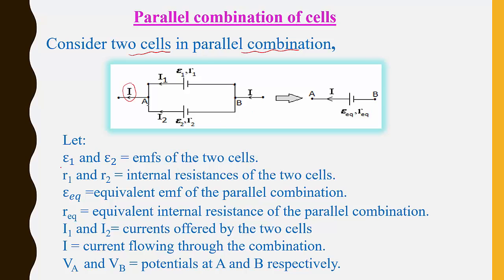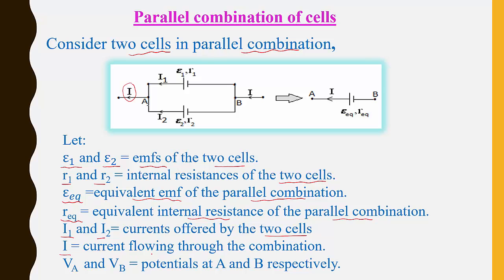Let E1 and E2 be the EMFs of the two cells. R1 and R2 are the internal resistances of the two cells. Then EEQ is the equivalent EMF of the parallel combination. Then REQ is the equivalent internal resistance of the parallel combination. And I1 and I2 are the currents offered by the two cells.